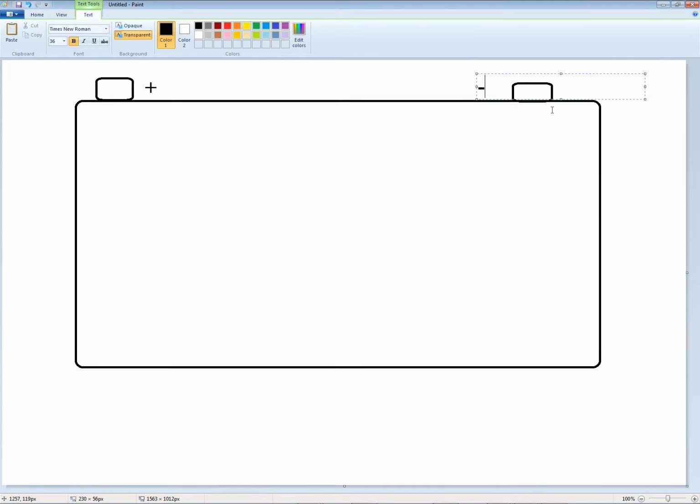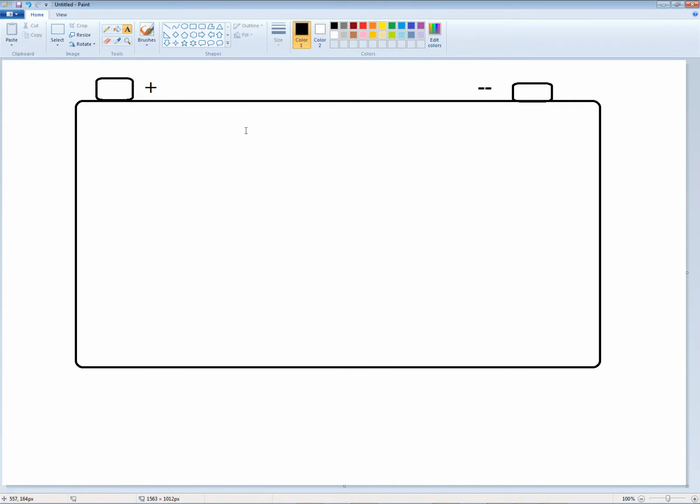Let's make that a little longer, negative. There we go. And then we have a membrane. Usually the membrane goes right down the middle of a dry cell battery, and it allows for the passage of ions, but not the passage of chemistry.